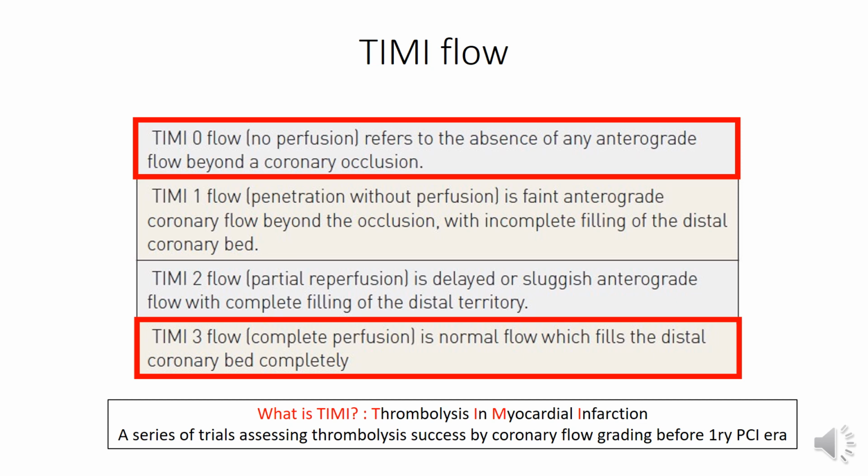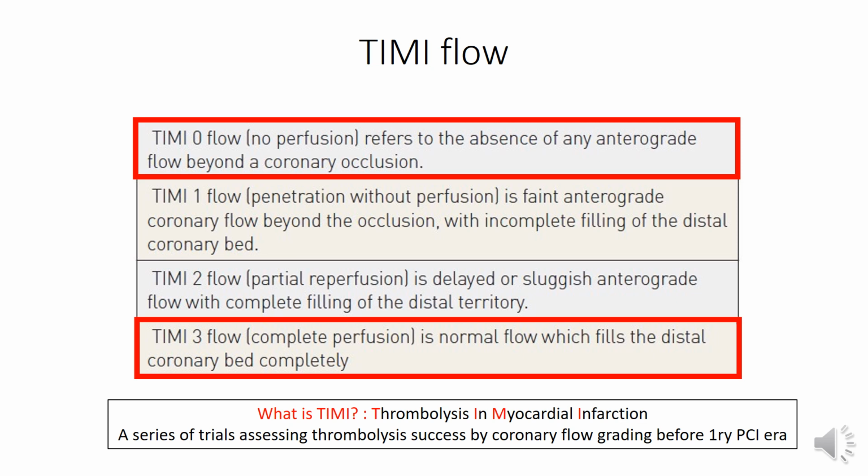where if we have total occlusion of the vessel with no contrast at all passing through, this is called TIMI zero flow. If we have a little bit of penetration of dye but not reaching the distal vessel, this is called TIMI 1 flow.